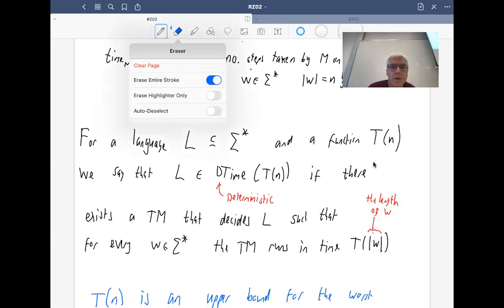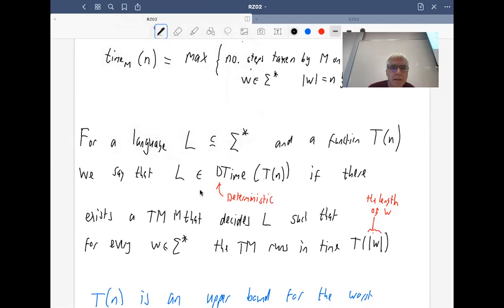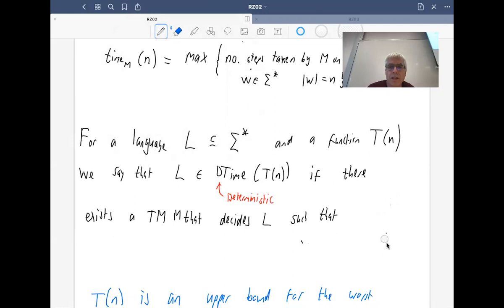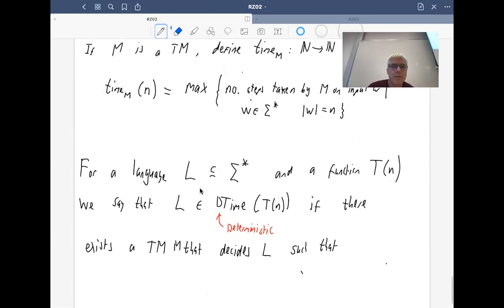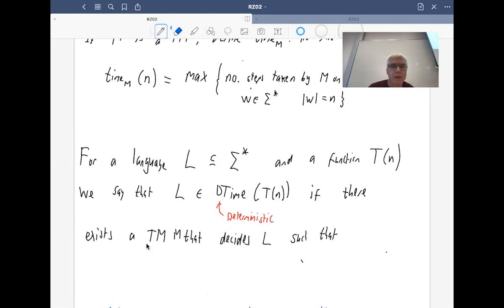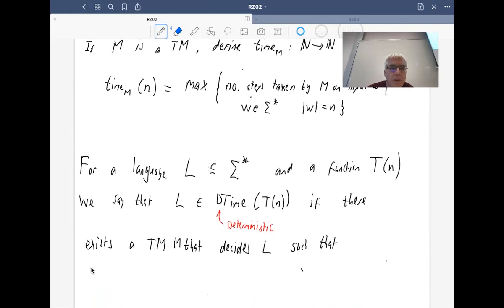So for a language and a function, we want to say the language can be decided in deterministic time t of n if there exists a Turing machine, let's give it a name, M, that decides L such that the worst case runtime of that Turing machine for inputs of length n is big O of this function t of n.